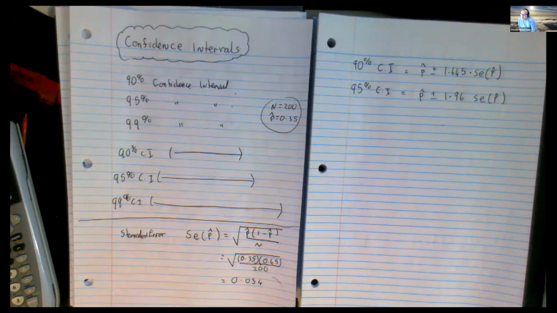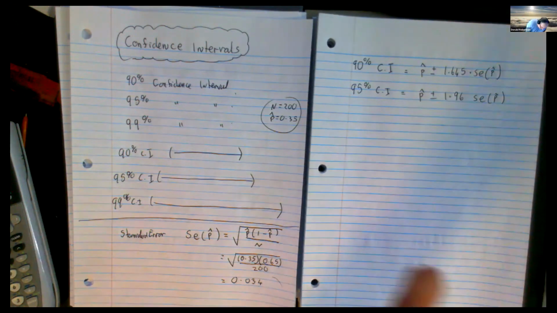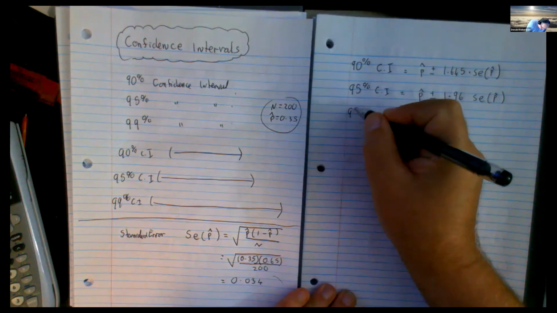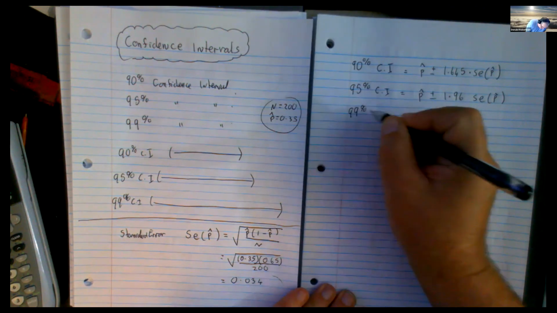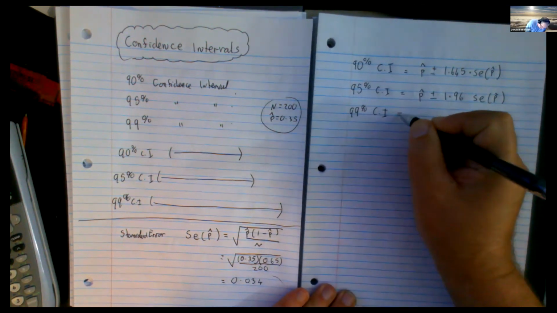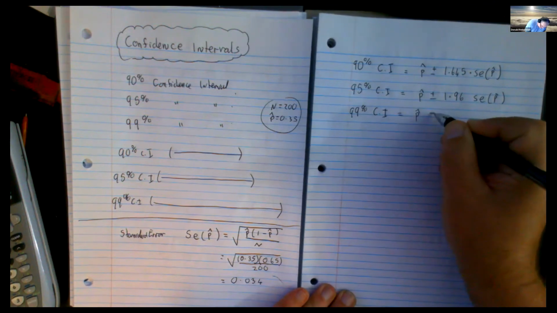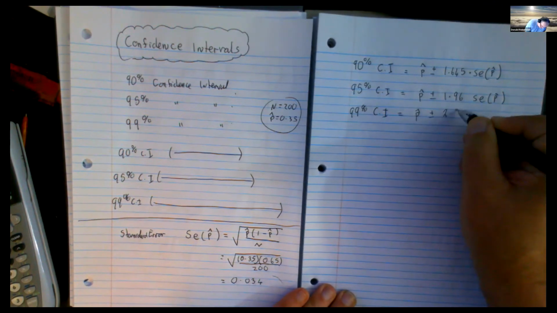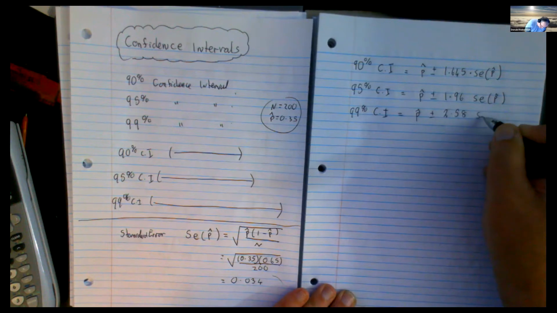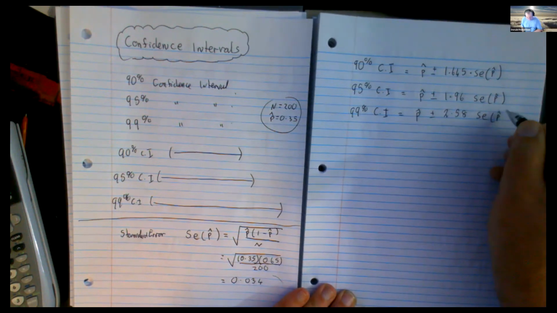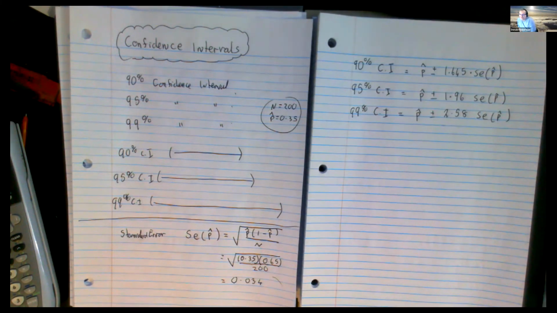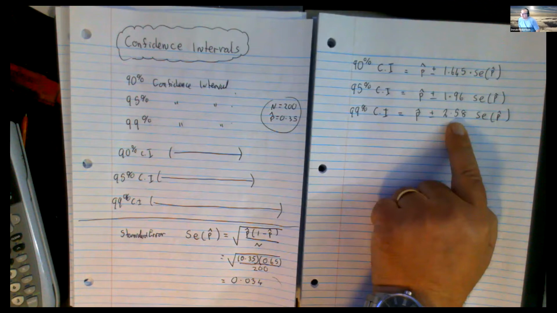Can you see that multiplying by a bigger number makes this a bigger answer? And the last one is the 99% confidence interval. And it's p hat plus or minus 2.58 times the standard error of p hat. And can you see that for a 99% confidence interval, this number becomes even bigger, which kind of makes sense, right?